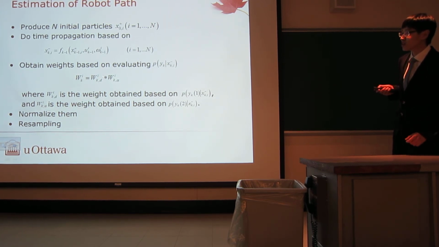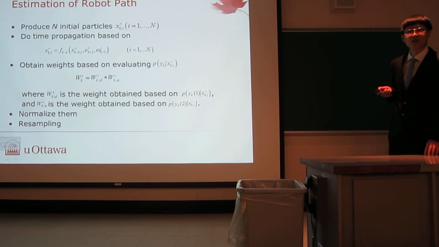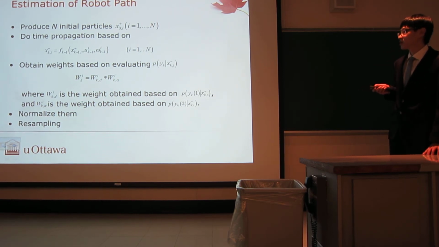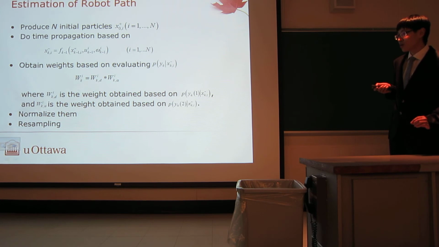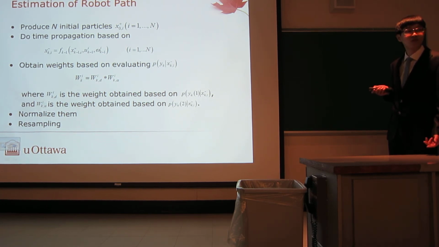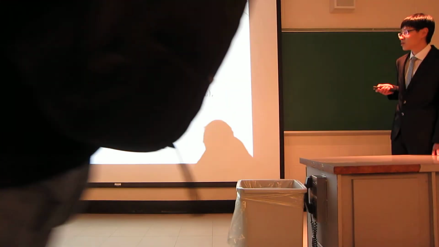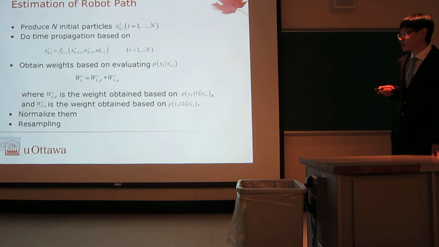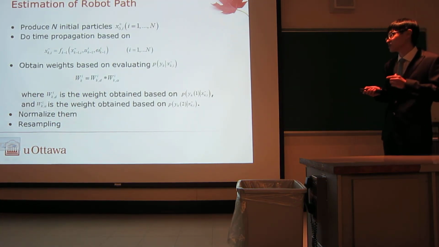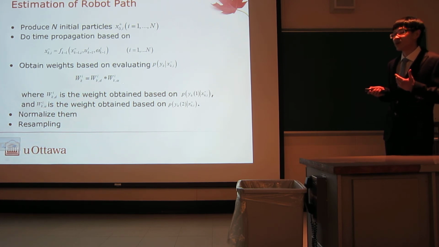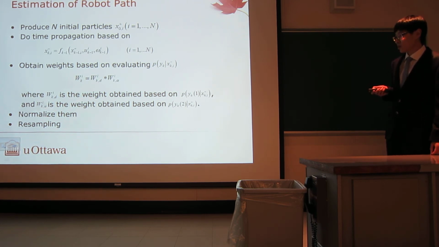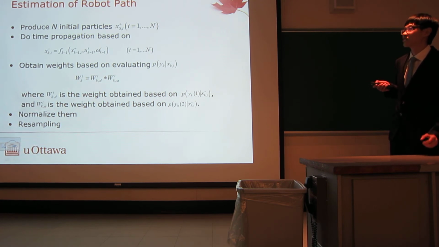We need to mention here, since we have two measurements, the overall weight we need is a product of two weights. The first weight is obtained based on the first measurement, and the second one is based on the second measurement, the angle. And we do this process recursively to get the estimation of the robot paths.